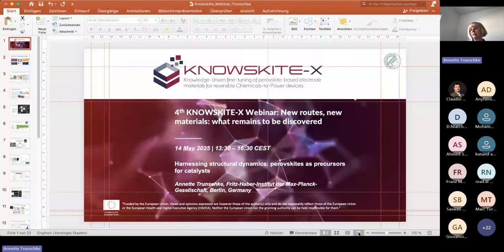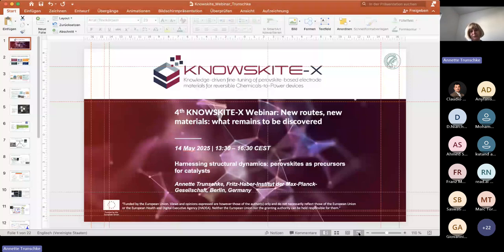So sometimes you can even start with a completely inactive material, and by treatment in the reaction feed, you can activate this material. And therefore, the synthesis strategies must consider also these changes and must not take into account only the inorganic synthesis of a solid catalyst, but also the formation in presence of the reacting gases.